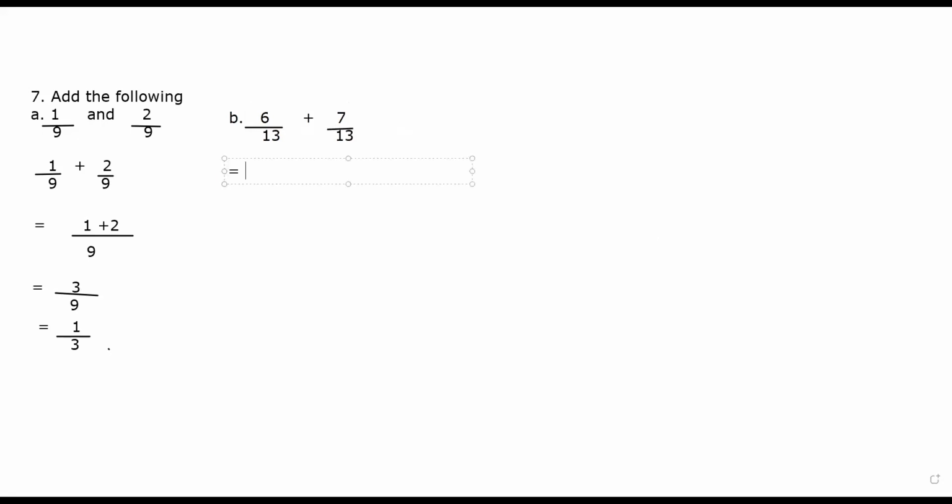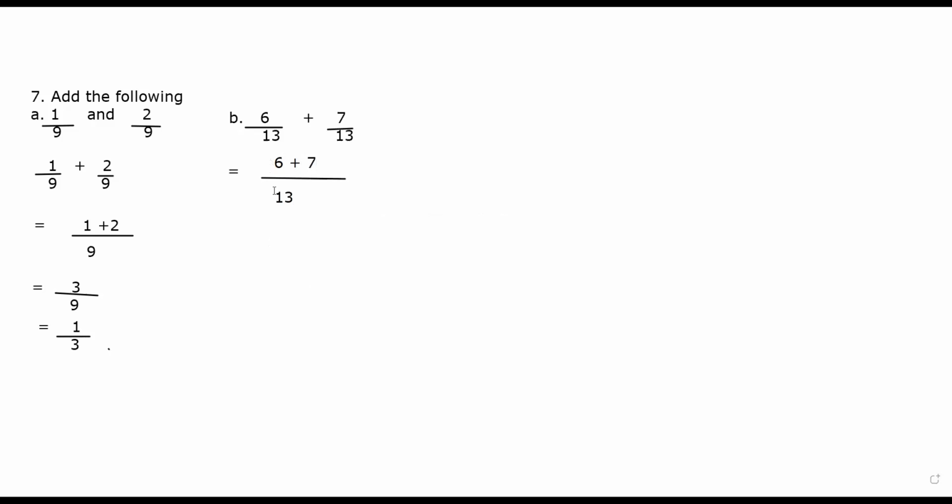We need to put this equal sign and write this 13 now. And you know that we have to add 6 plus 7.